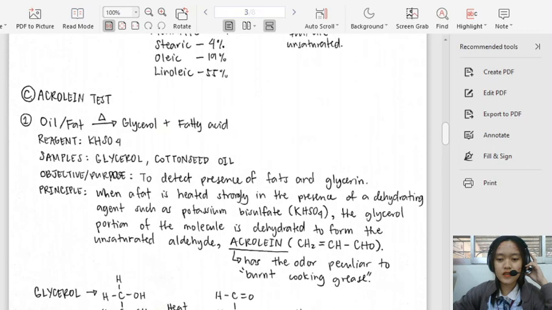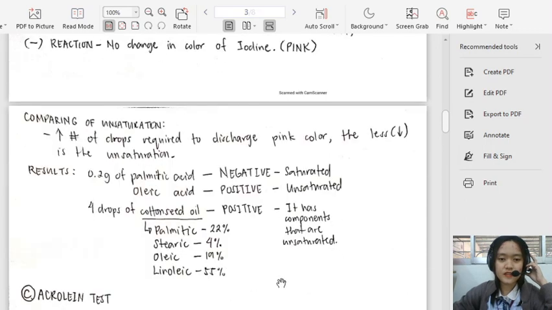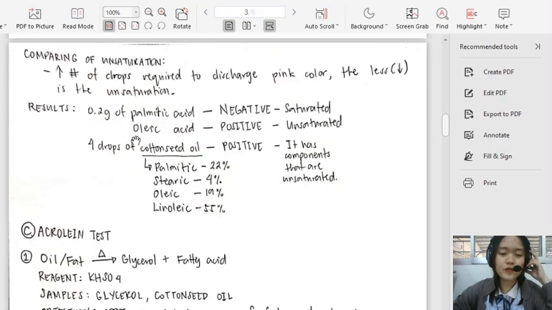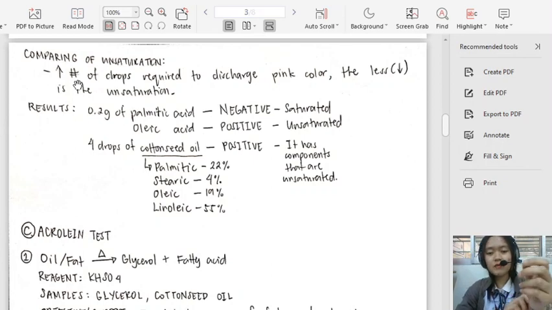The greater the number of drops required to discharge the pink color, the less is the unsaturation. Okay, so this means class, kapag mas maraming drops ng iodine ang kailangan mo para mawala yung pink color, the lesser is the unsaturation.